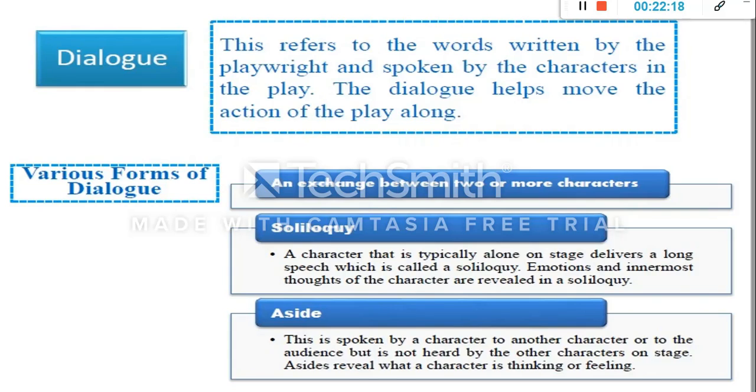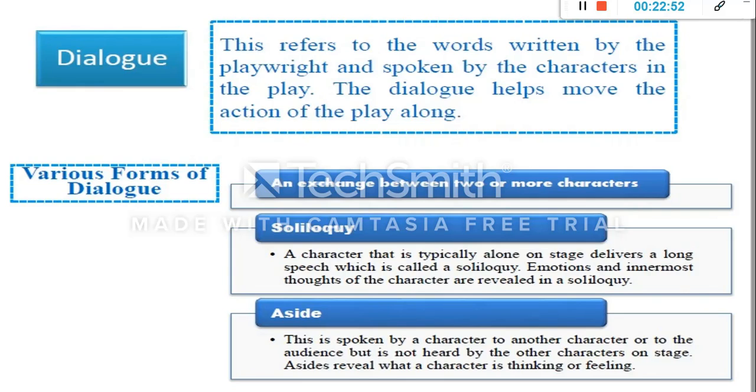So when a character is alone, with no other characters, talking to himself and revealing his emotions or inner thoughts, which are not known to the audience, in order to explain them to the audience, it is called a soliloquy.